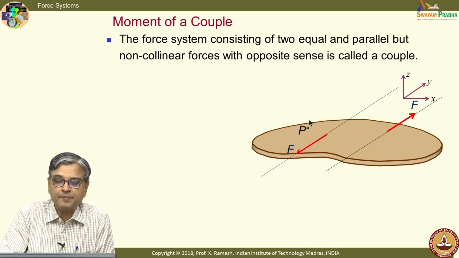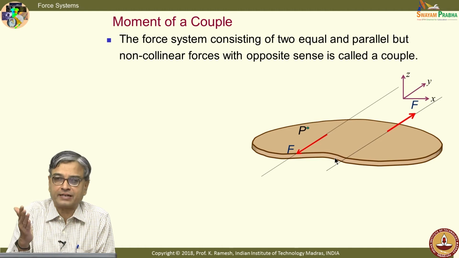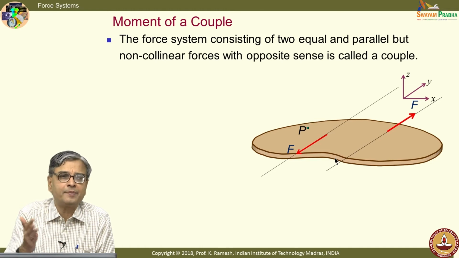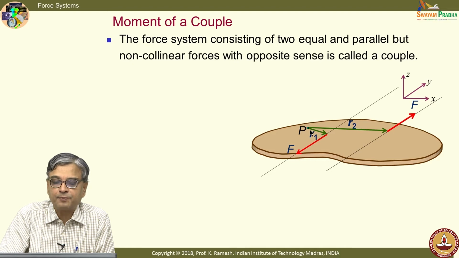So, I take an arbitrary point P. If I have to find out the rotatory effect of each of these forces, I need to first find out the position vector. Let us put arbitrarily the position vectors as r1 and r2. So, I have the position vector r1 for this force and position vector r2 for this force.